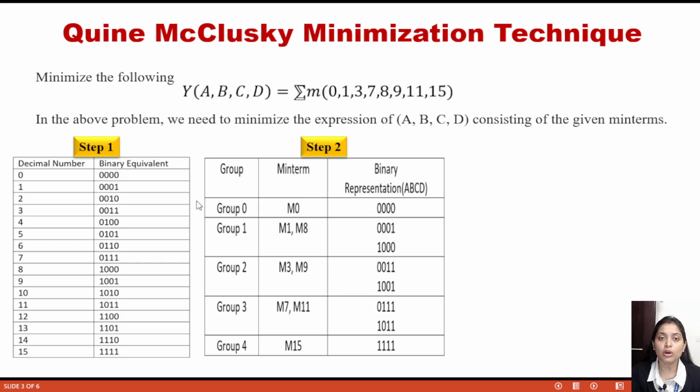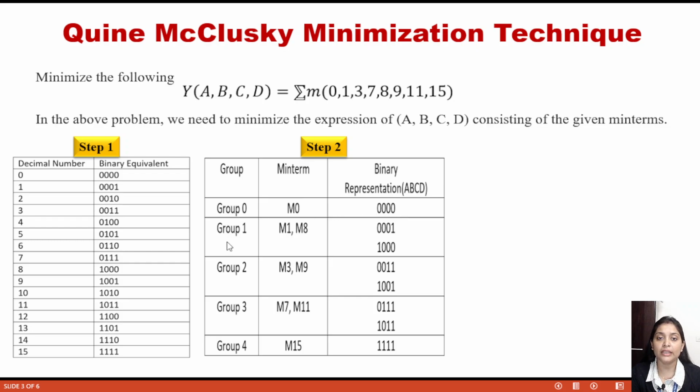This is the first group, group 0, where no 1 will be there. So this is only the decimal number 0, written as m0, which is 0 0 0 0.